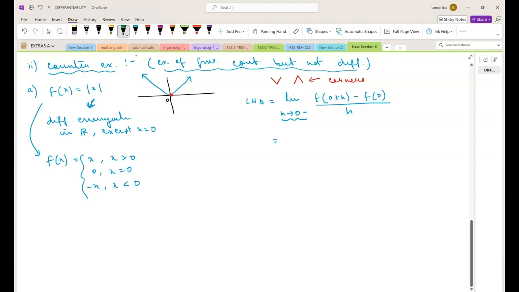That means h is somewhere here. h is approaching 0 from the left. That means h is here. That means this indicates h is negative.